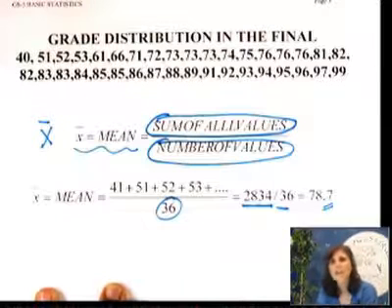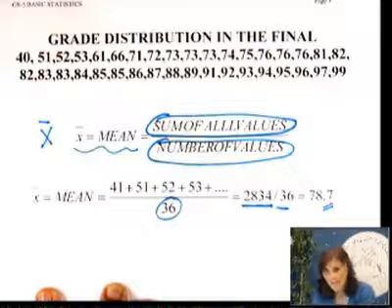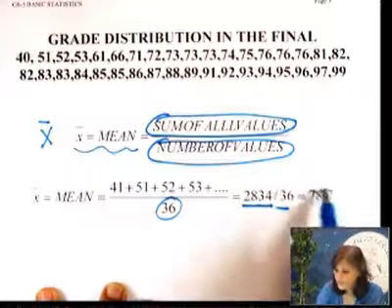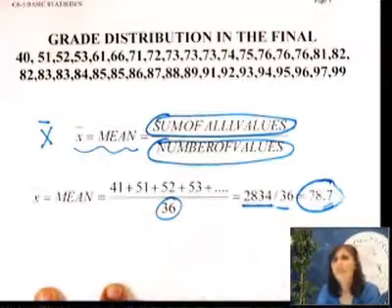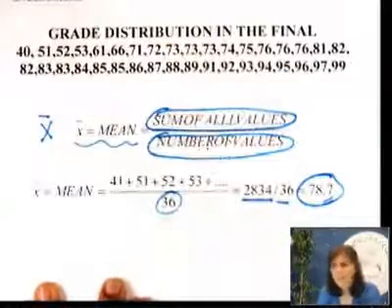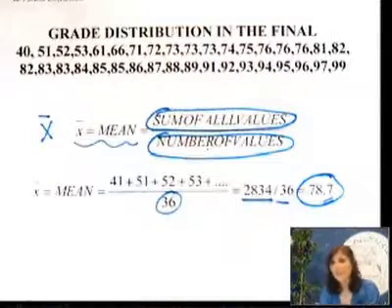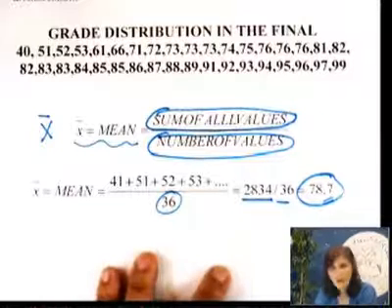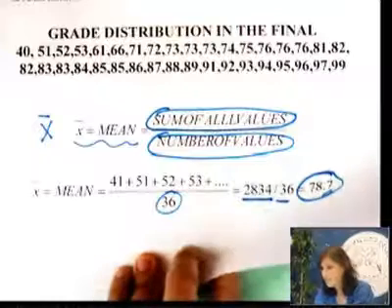Instead of saying 79, I said 78.7. It's not quite 79, but a little bit short of 79. So the mean is going to have maybe one more decimal than your original data. That tells me most students are passing, in that range. The center of my data is a high C, it looks like.